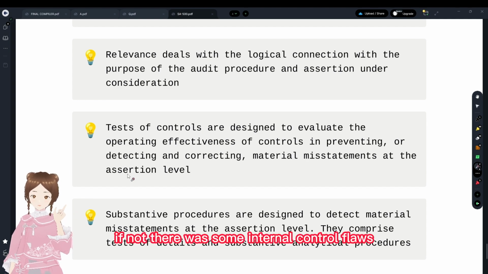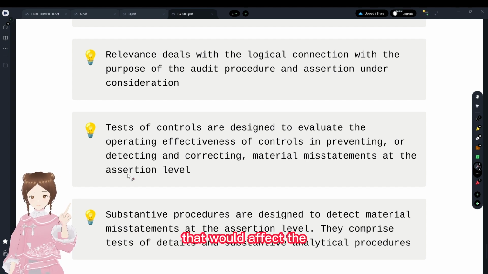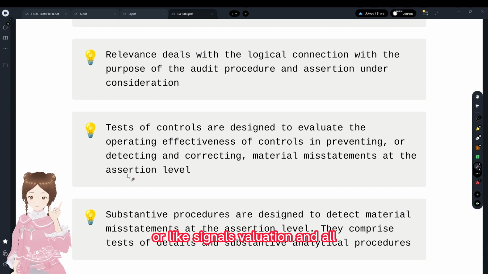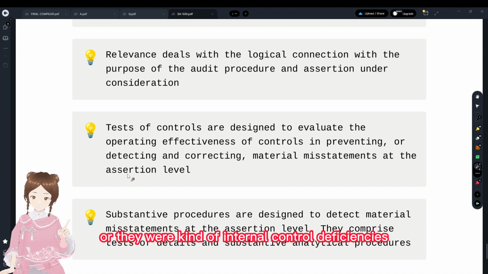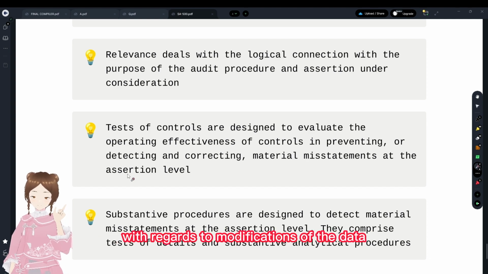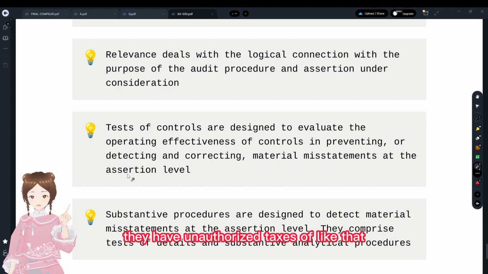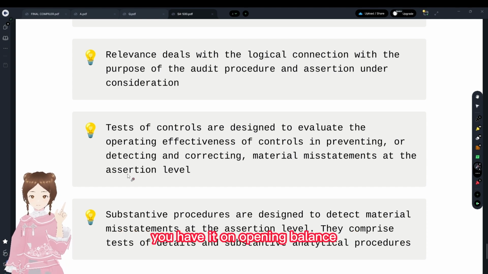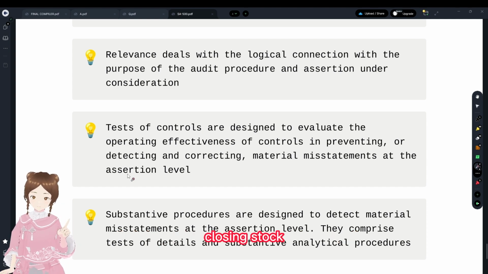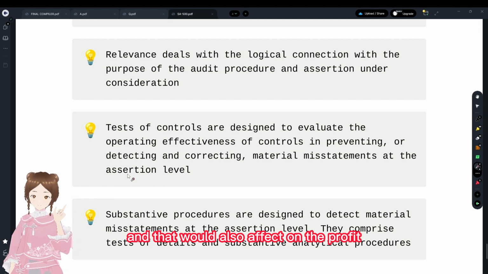If not, there were some internal control flaws that would affect the stock valuation or sales valuation and all. Or there were internal control deficiencies with regard to modifications of the data, like unauthorized access. They would have their impact on various accounting balances. For the stock, you have the opening balance, closing stock, and that would also affect the profit.